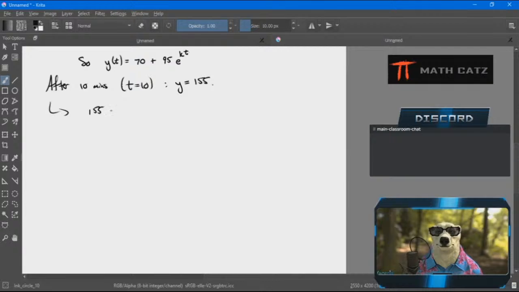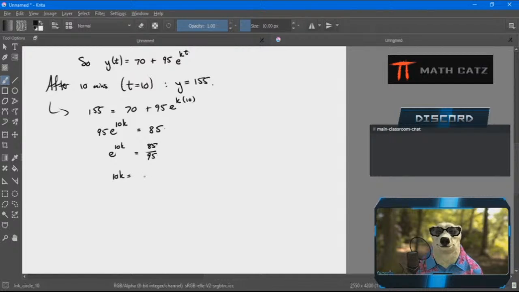At 155 for y, everything else is the same. k is what I'm looking for, and 10 for t. So 95 e to the 10k is 155 minus 70. So that'll be 85. So e to the 10k is 85 over 95.